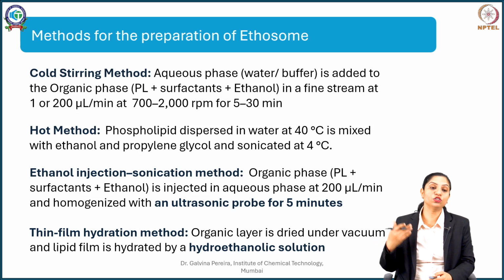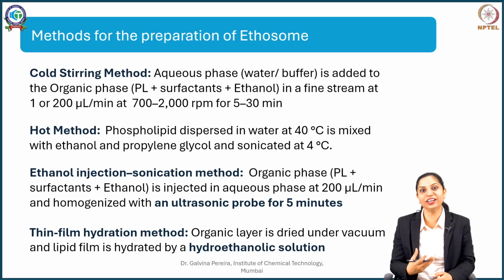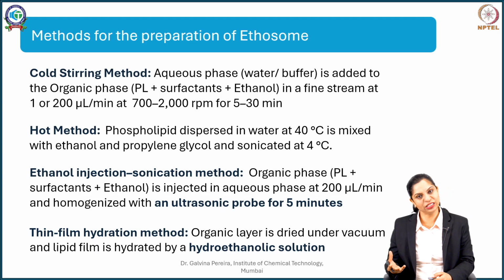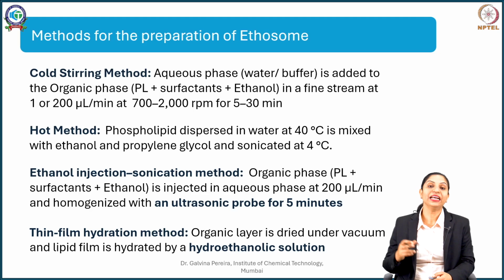You can also resort to a conventional method like the ethanol injection method, because here we want the ethanol in our ethosomes. The organic phase basically consists of the same phospholipids, your drug moieties if they are phospholipid soluble or organic soluble, surfactants and ethanol, which are injected into the aqueous phase, reverse from the cold stirring.